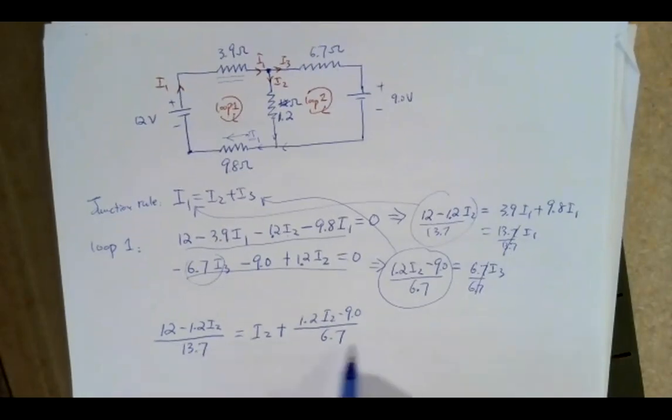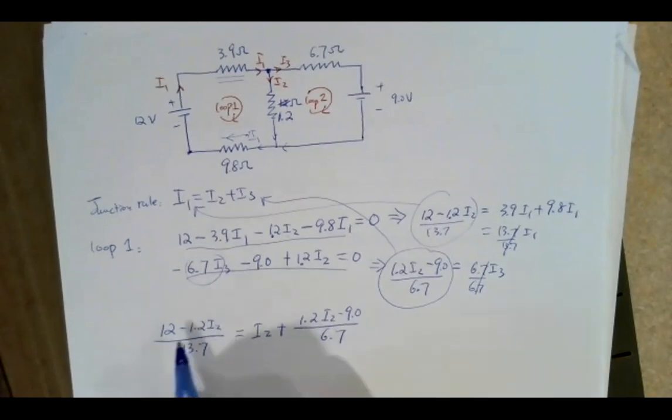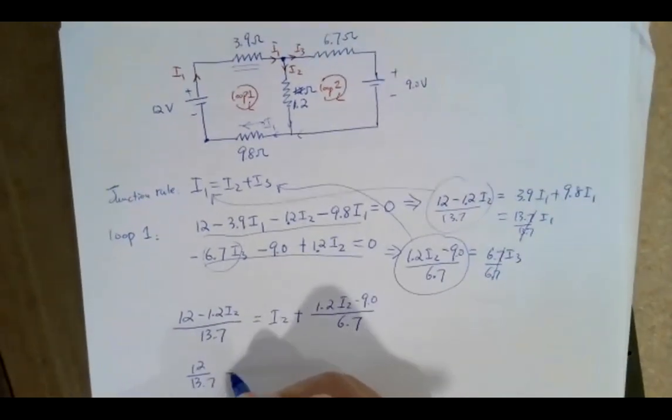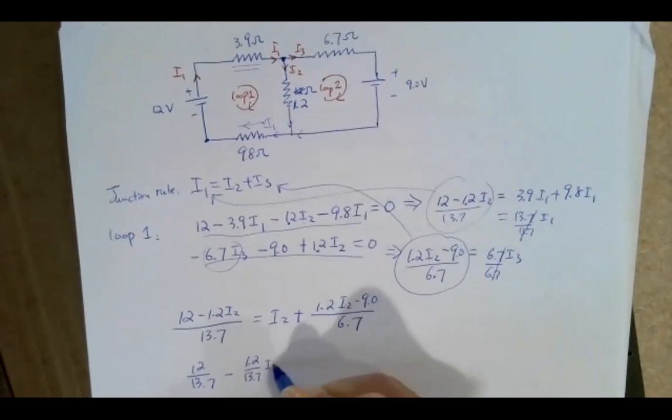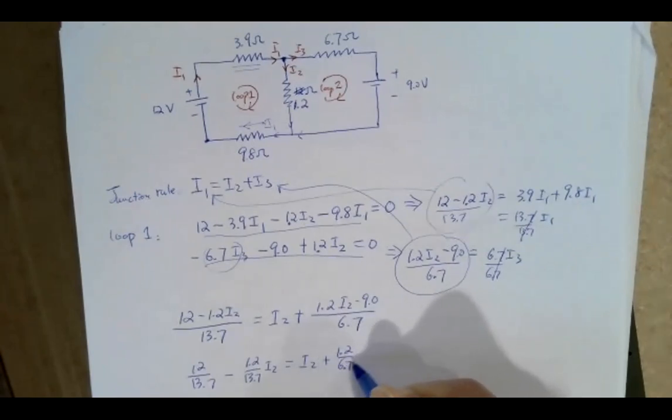So then here you only have I2 in the equation, and you can solve for your I2. There would be two terms over here: 12 over 13.7 minus 1.2 over 13.7 times I2 equals I2 plus 1.2 over 6.7 times I2 minus 9 over 6.7.